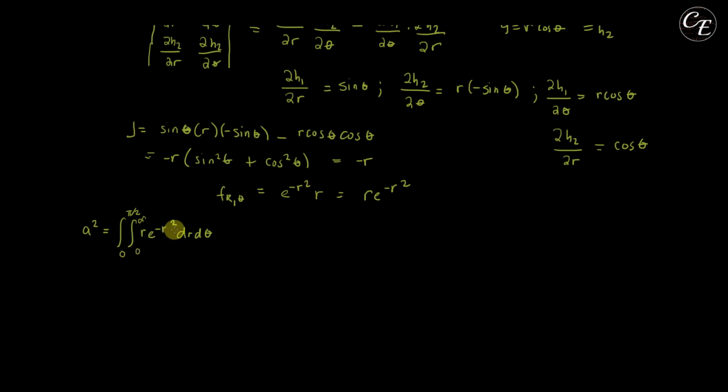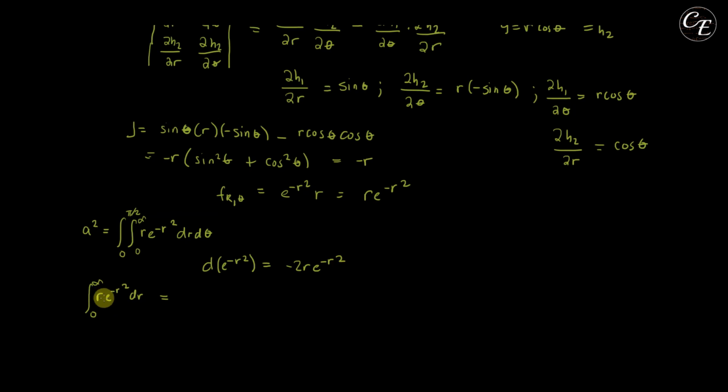For the inner integral, let me rewrite it here. The integral of r e raised to negative r squared dr from 0 to infinity is equal to, please take note that the derivative of e raised to negative r squared is equal to negative 2r e raised to negative r squared.